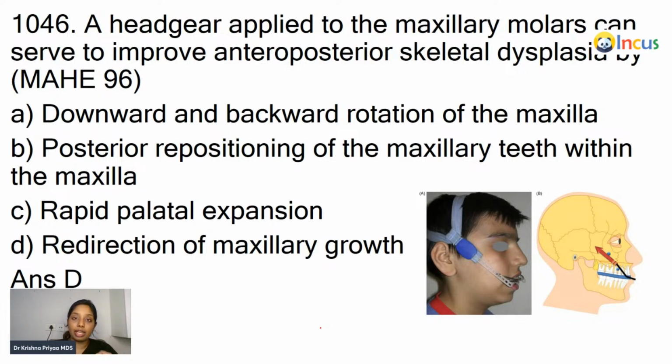This can also be right, but it is not so perfect for the question because they've not mentioned what kind of headgear they are going to be using. Rapid palatal expansion is totally unrelated to the question. And redirection of maxillary growth is right because headgear is generally an orthopedic appliance which is associated with growth modulation. We want the growth to be modulated, so the best answer for this question will be redirection of maxillary growth.